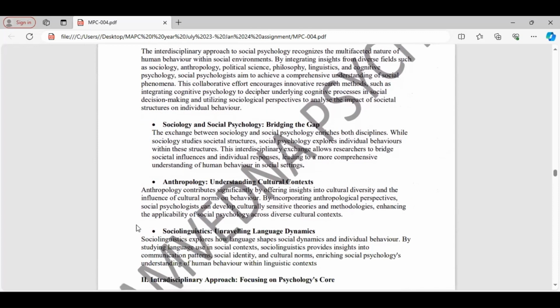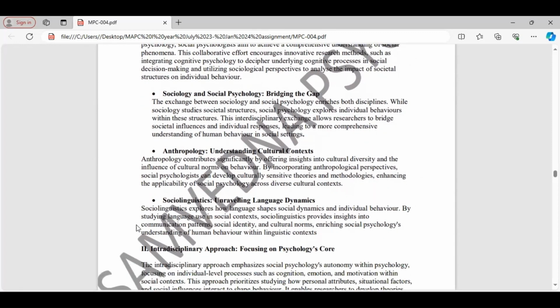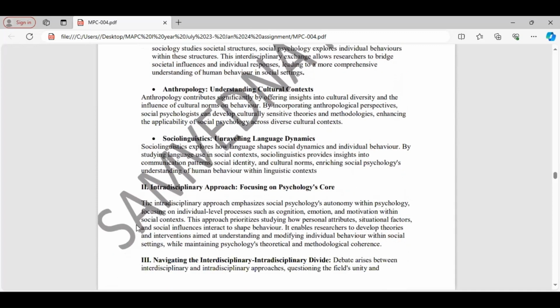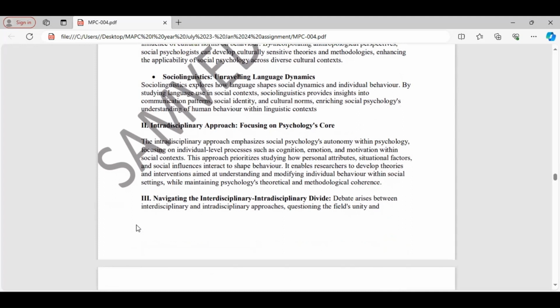Anthropology with social psychology, how it is helpful in understanding cultural context, and how sociolinguistics along with social psychology helps in exploring the role of language in shaping social dynamics and individual behavior. Next, intradisciplinary approach, which focuses purely on psychology.